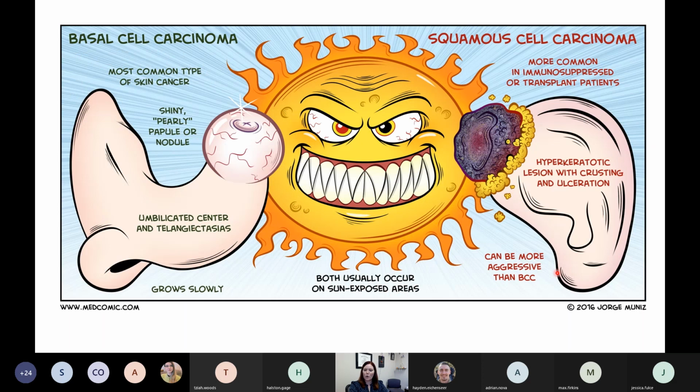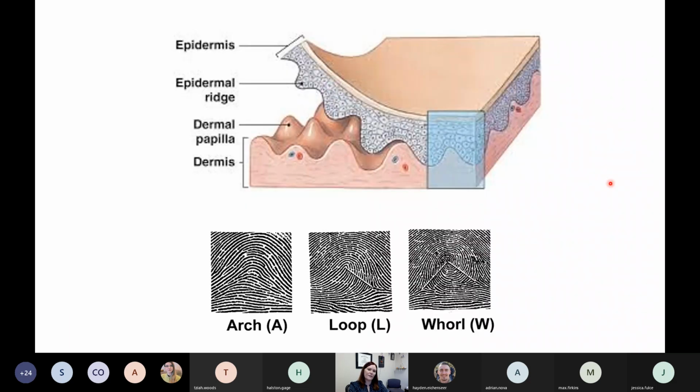All right, so when we talk about the difference between a stage 0 and a stage 1 melanoma, stage 0 stays in the epidermis, stage 1 goes down into the papillary layer of the dermis. Based on that division, that's what separates epidermis and dermis.